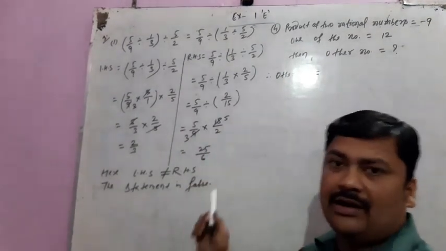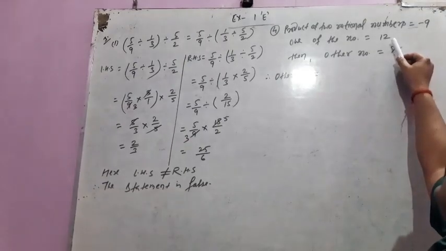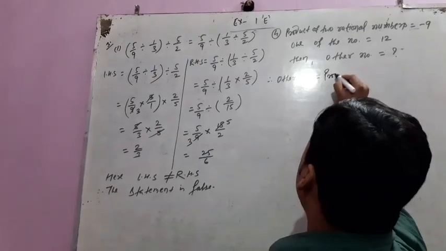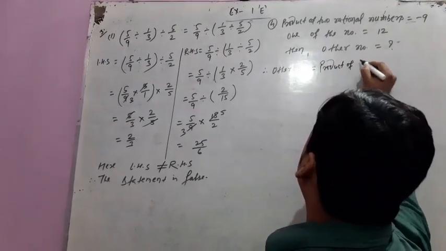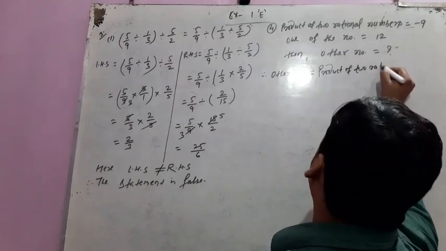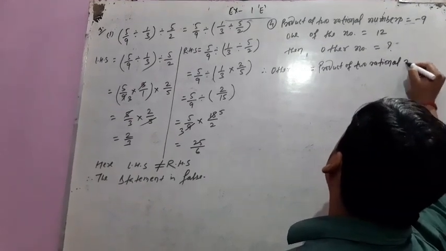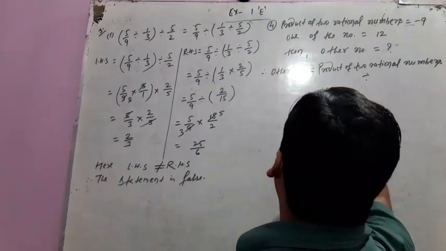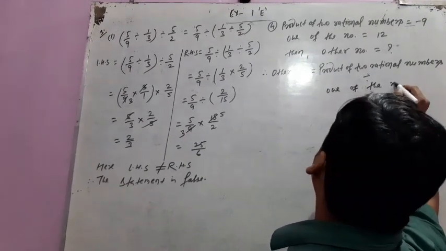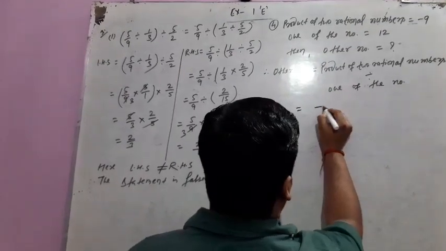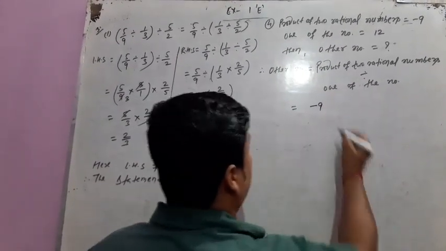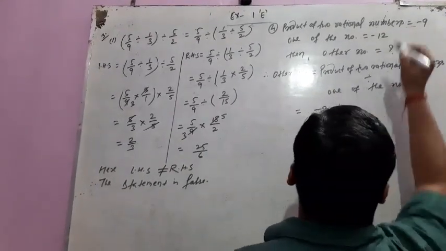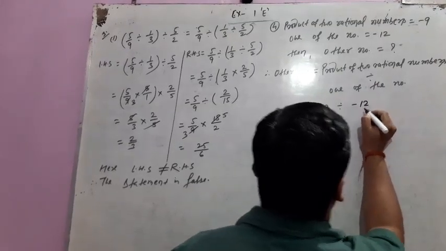For getting the value of the other number, we have to divide the product of the two numbers by one of the numbers. Other number is equal to the product of two rational numbers divided by one of the numbers. The product is minus 9, divided by the given number minus 12.